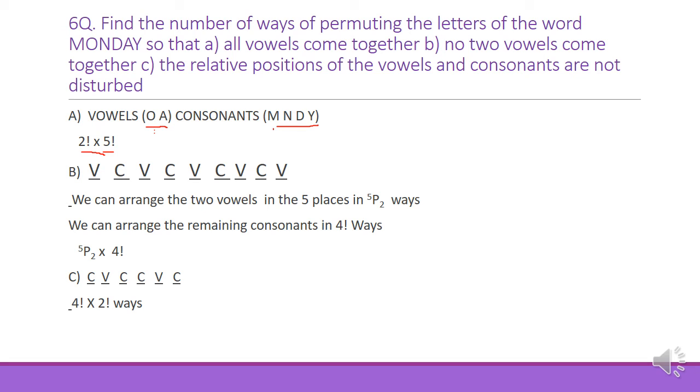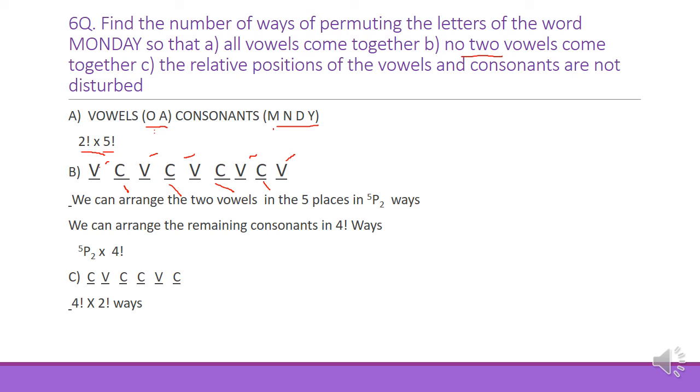Here, second question, no two vowels come together. So for vowels not coming together, firstly we have to arrange the consonants. Here we arrange the consonants. So the gaps or the places between the consonants we have to fill with vowels. Here we have 5 positions available, 1, 2, 3, 4 and 5.